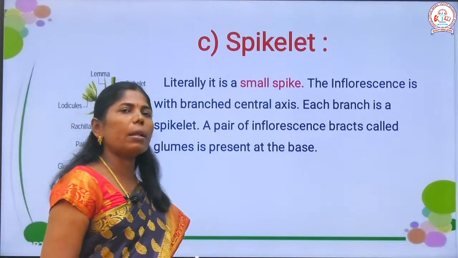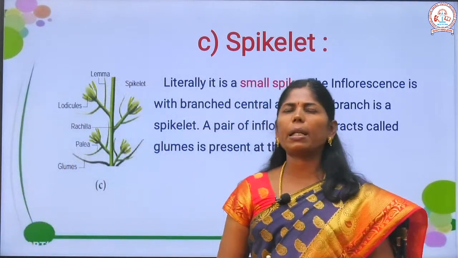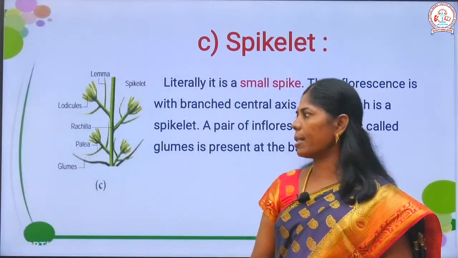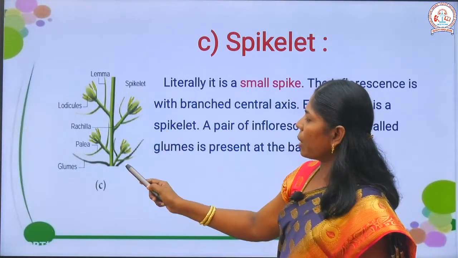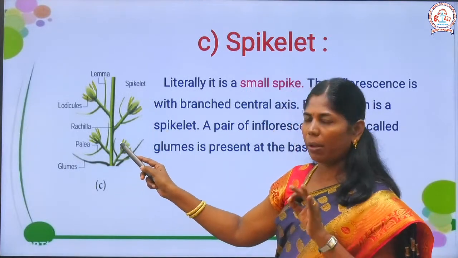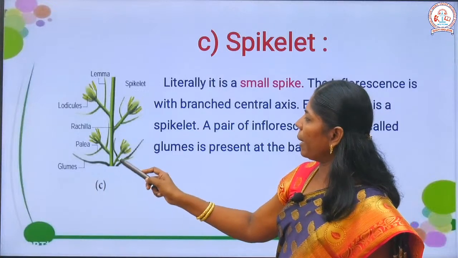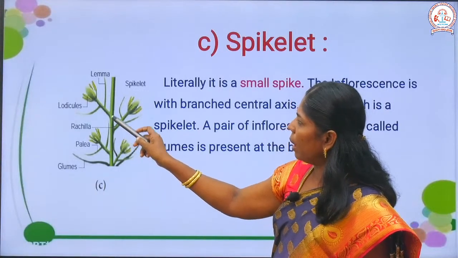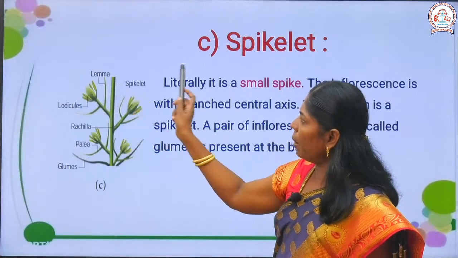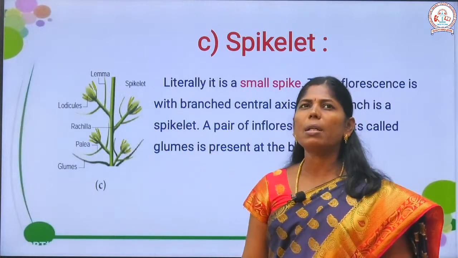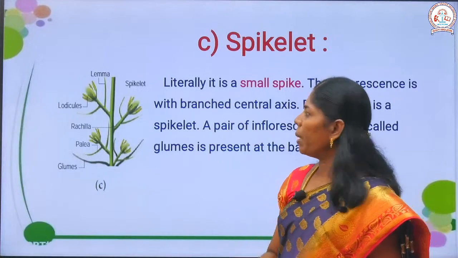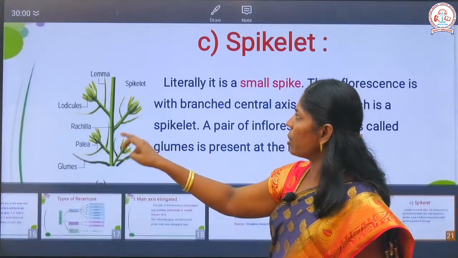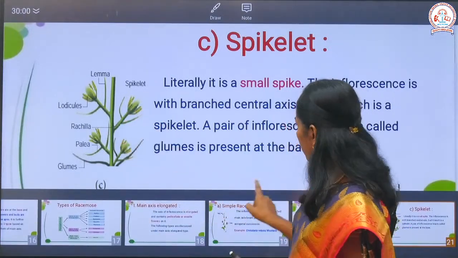Okay, so what characters are present there? A pair of bracts. First we have to know what the parts of the spikelet are: glumes, another one is the palea, next the rachilla and lodicules, the lemma, and this is the spikelet. Spikelet means the branches; actually, it has branches present there.